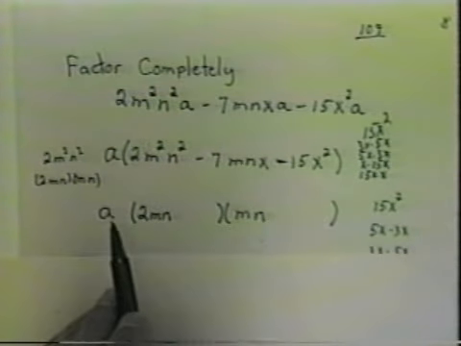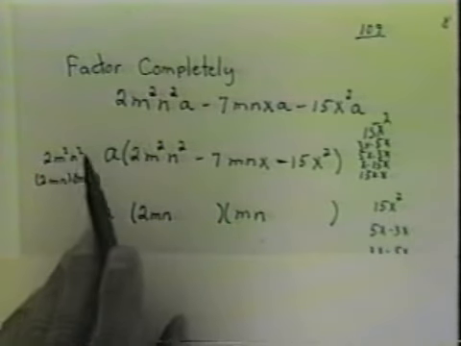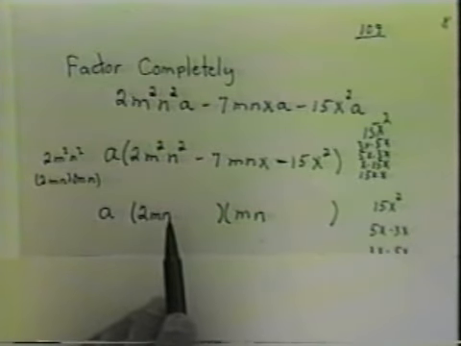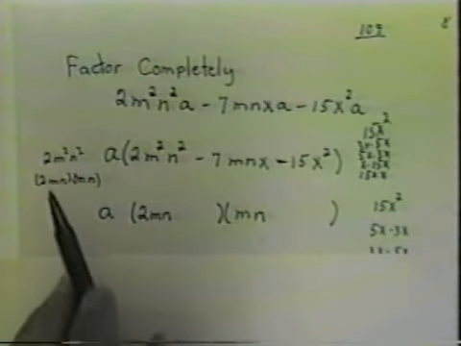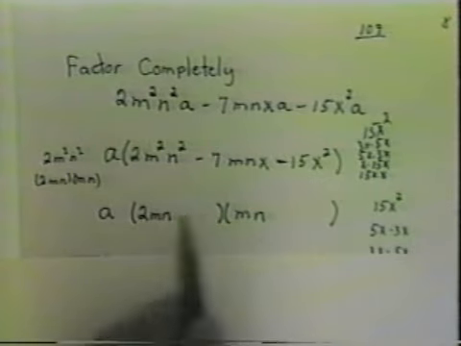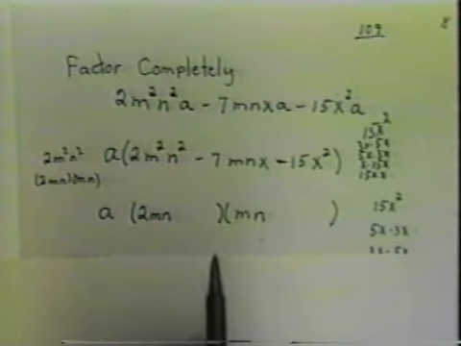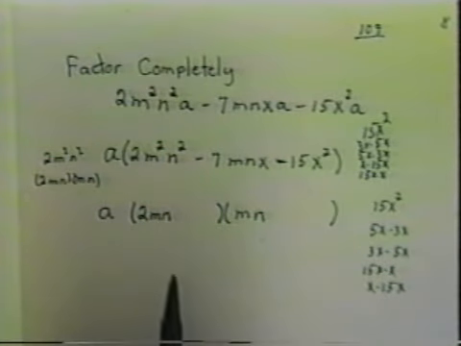We know that the only way of getting 2m squared n squared is 2mn times mn, so I'll go ahead and put those down. That's not a guess, this is fact so far. And now we're ready to start our guesses.